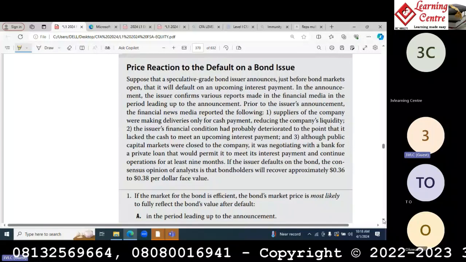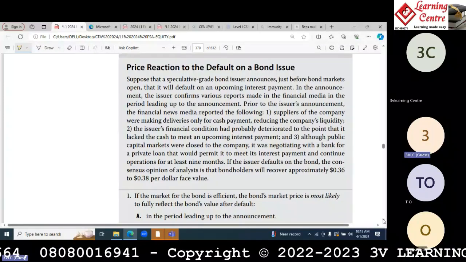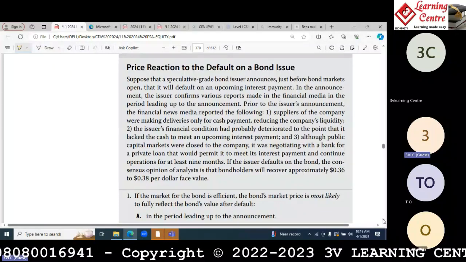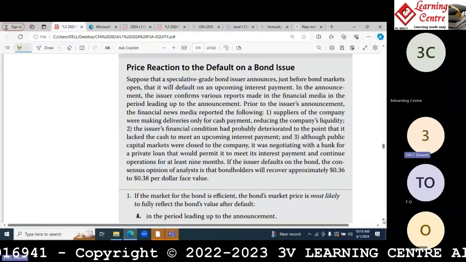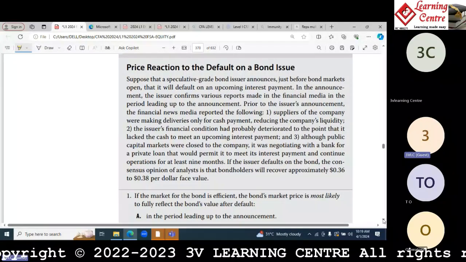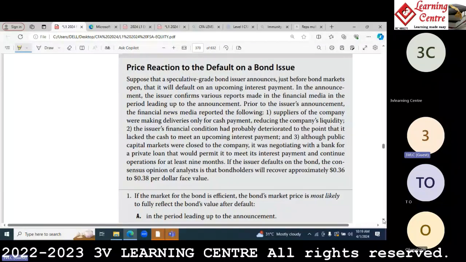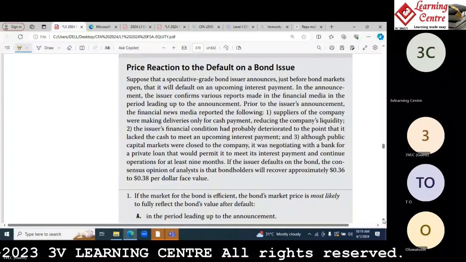Suppliers of the company were making delivery only for cash payments, reducing the company's liquidity. The issuer's financial condition had probably deteriorated to the point that it lacked the cash to meet an upcoming interest payment.